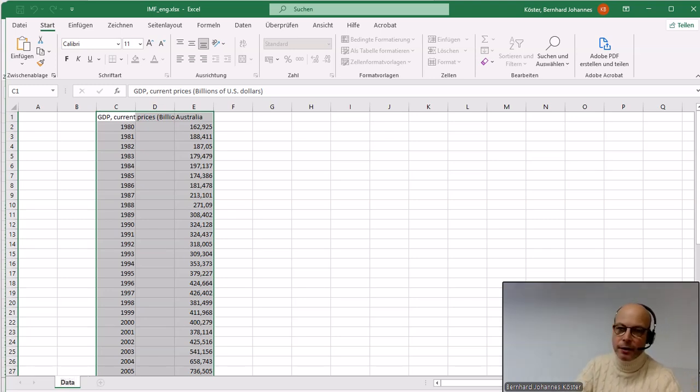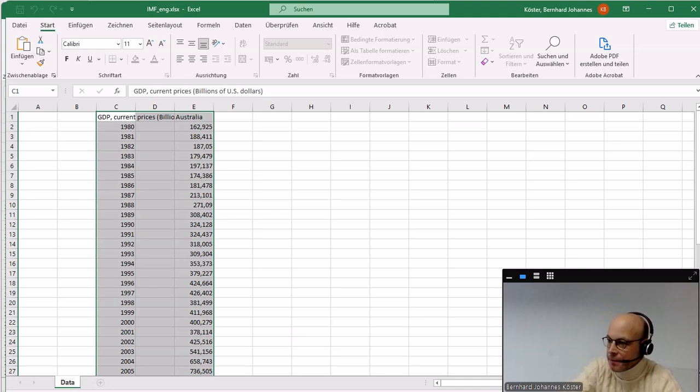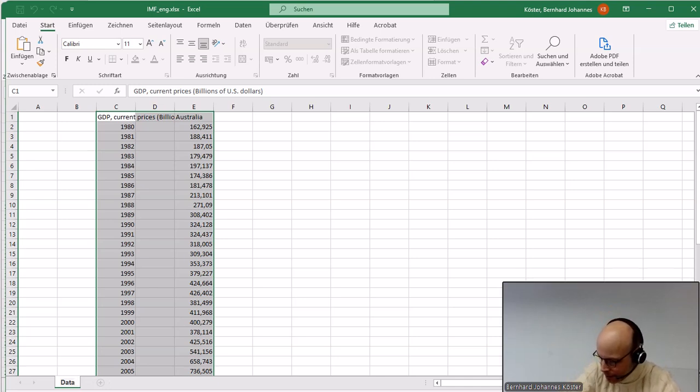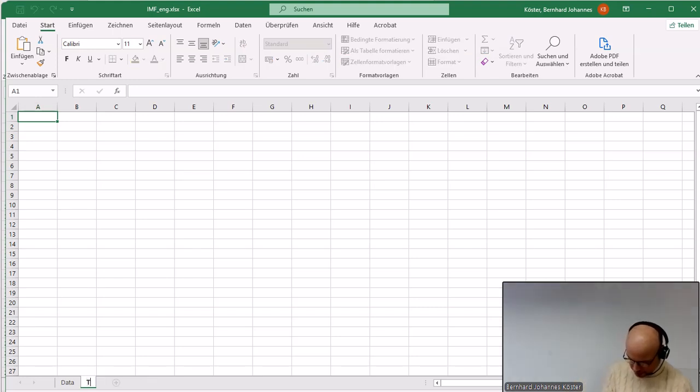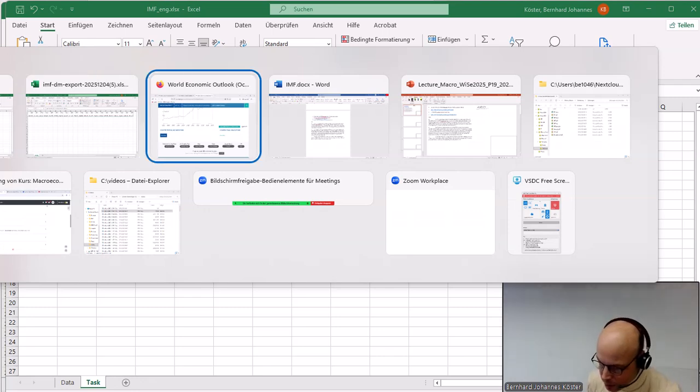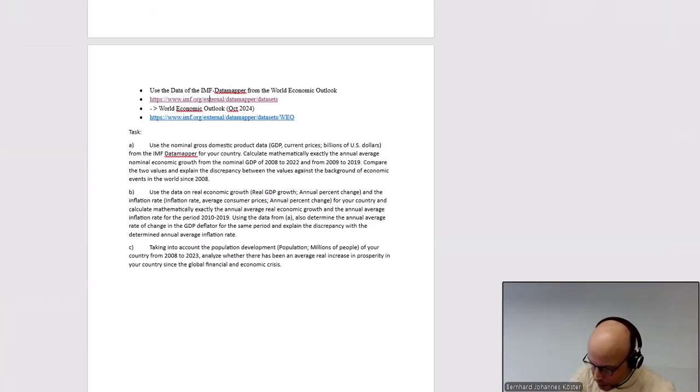This sheet I name the data sheet and task A. Let's go. What I want from you is the period from 2008 to 2022.